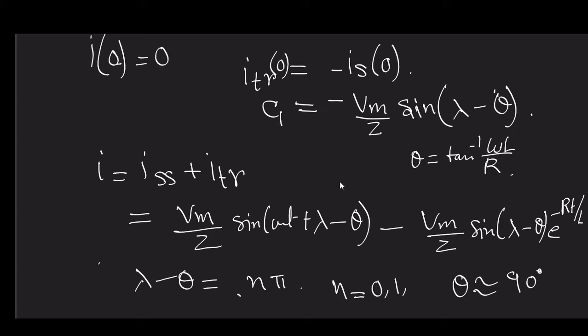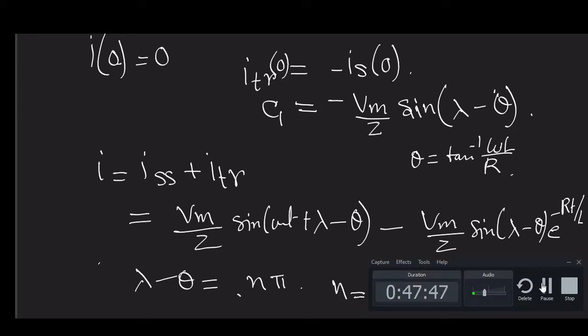So if transient and steady state oppose each other, then we can have a situation where although the individual currents are high, our net current is low.